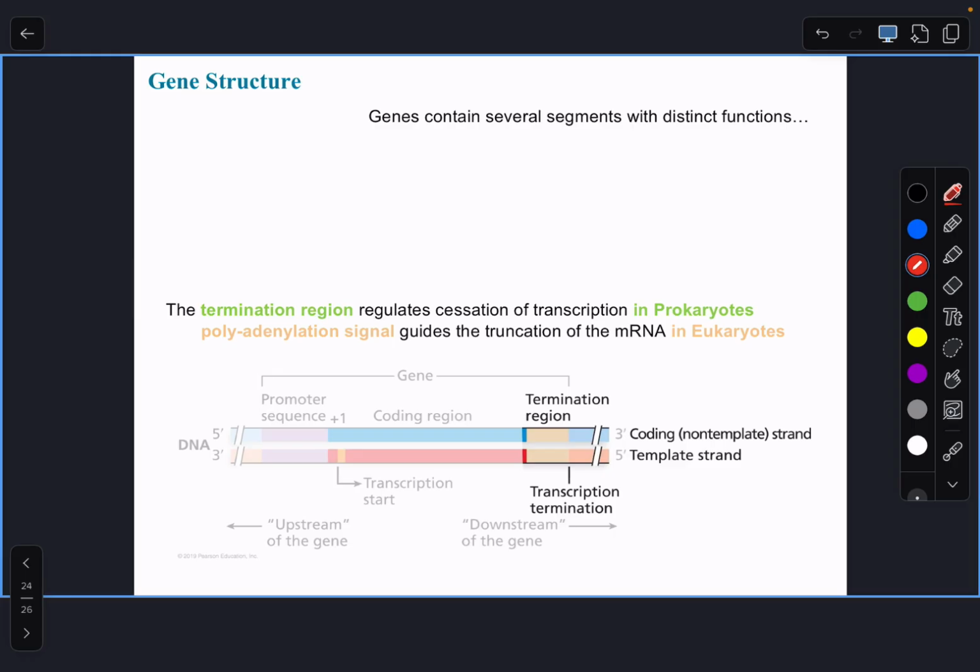Transcription factors part of the gene structure? No, because, so the question here is whether transcription factors are part of the gene structure or not. No, because transcription factors are proteins. When we talk about gene structure, we're talking different regions of the DNA molecule itself, the DNA sequence.